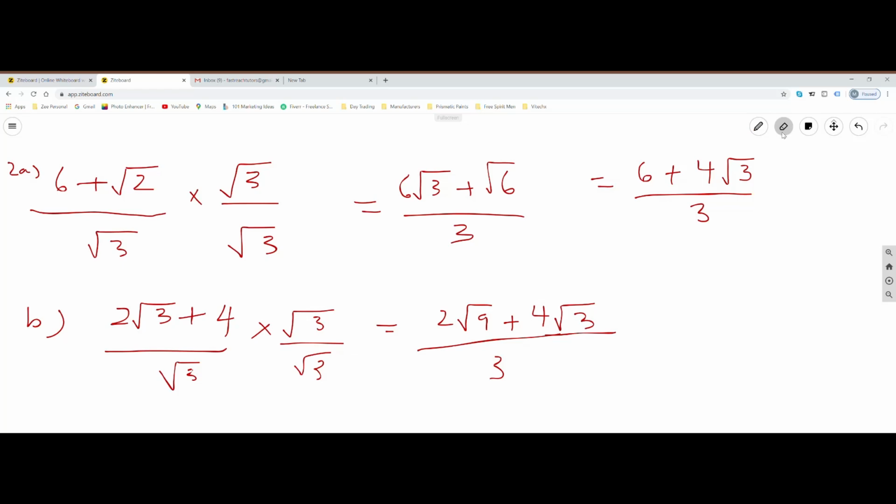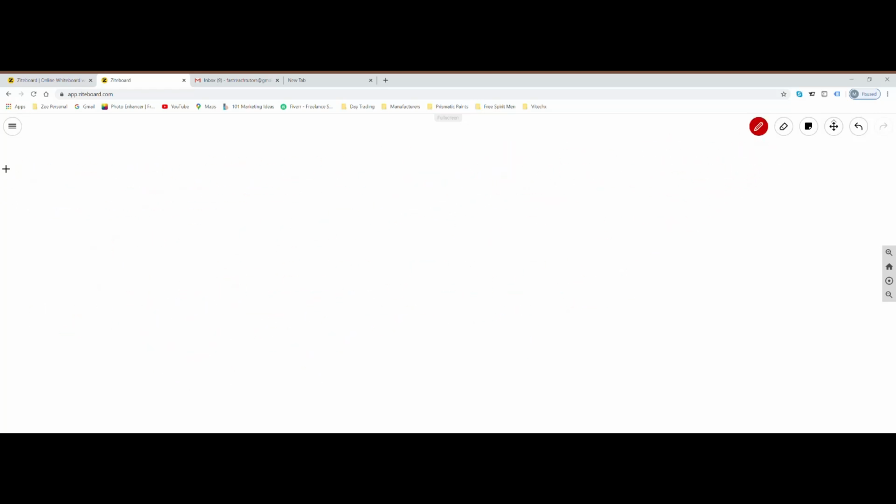So now let's look at the next question, which is C. You have 5 over square root 7 minus 4.